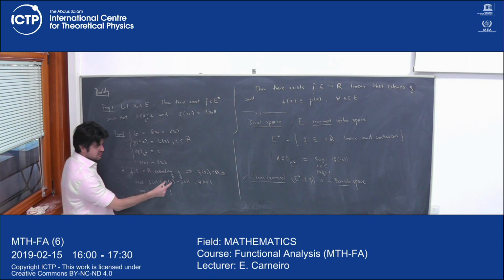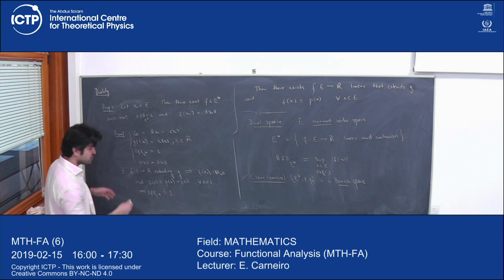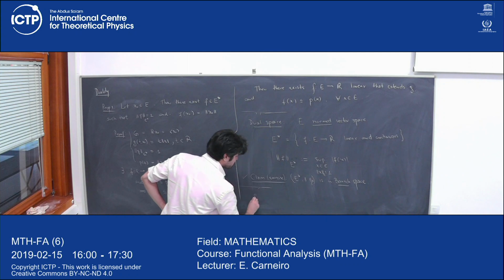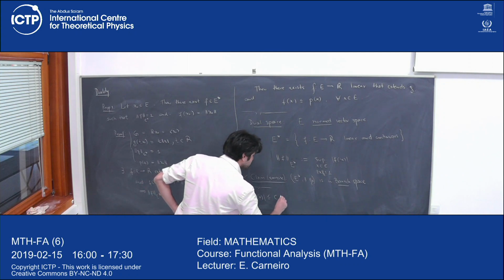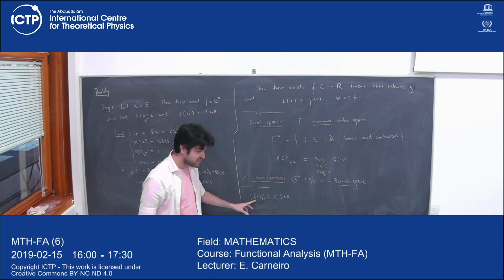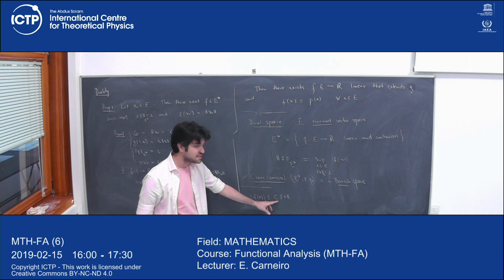If f of x is less than or equal to c times the modulus of x, remember, whenever you have this inequality, this means that the norm of f in the dual space is less than or equal to c.